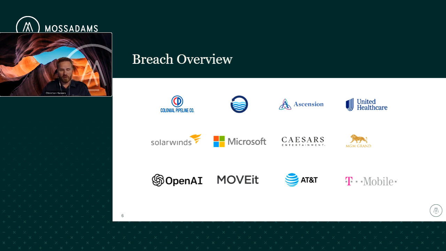So SolarWinds provides a lot of IT tools and technologies. So when everybody hit click update to the latest version, they all got this backdoor that left them wide open and exposed. This impacted a lot of the United States federal government, and again, massive organizations around the world.